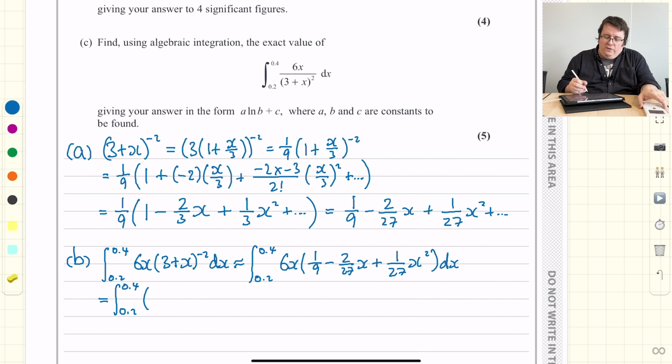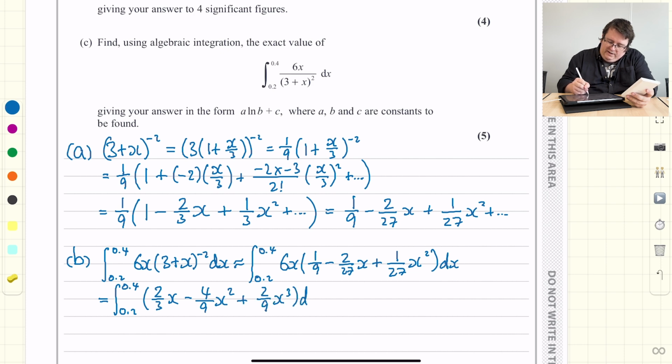So 6 over 9 is 2/3, so 2/3 x. Then we've got 6 times 2 over 27, so 4/9. So take away 4/9 x squared. And then 6 over 27 is 2/9, so plus 2/9 x cubed dx.